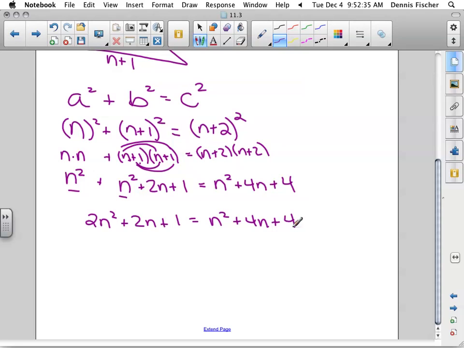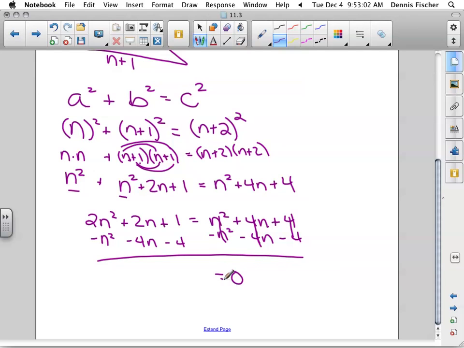Zero product property. Can't solve an equation unless it's equal to 0. So I'm going to move everything over to one side. I'm going to subtract n squared off both sides, subtract 4n off both sides, and subtract 4 off both sides. This side all cancels off, and I'm going to get 0 equals.